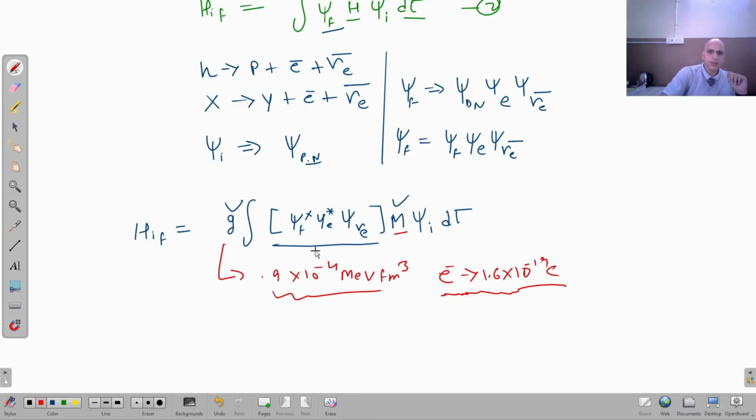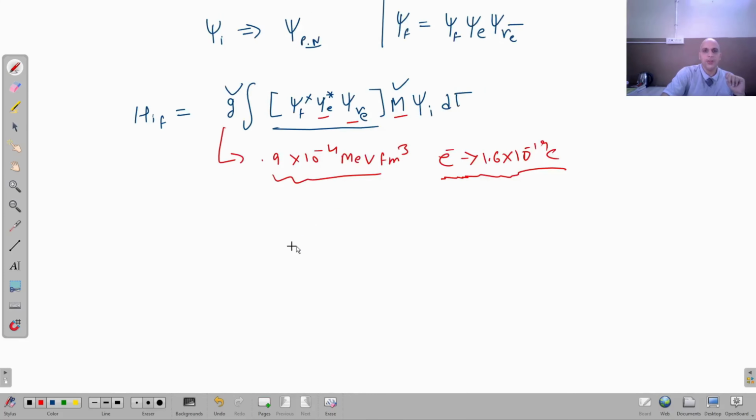So now I am writing down the wave functions, that is wave function of electron and wave function of neutrino.